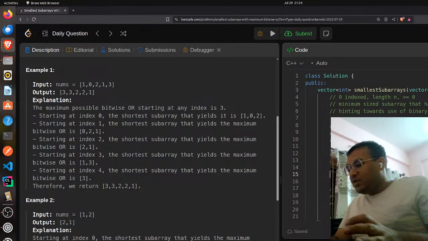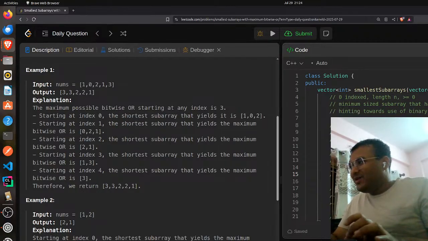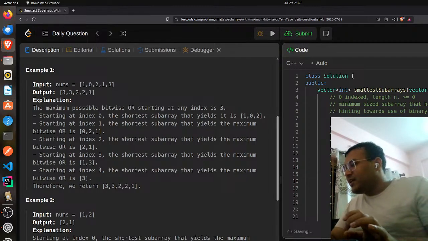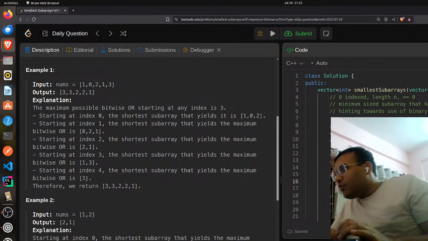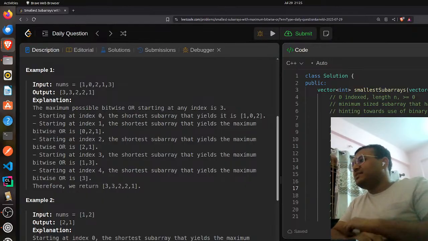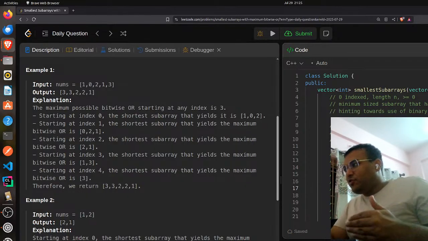Is that true? Suppose I have any integer, let's say this is a bitwise number, and I have some other number, let's say something like this. Now if we are taking bitwise OR, that means that wherever there is a 1, in the answer there would always be 1.